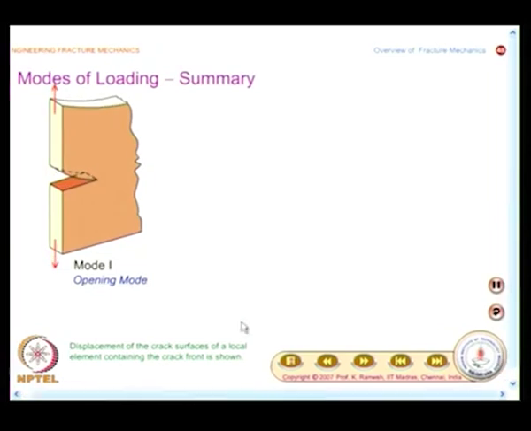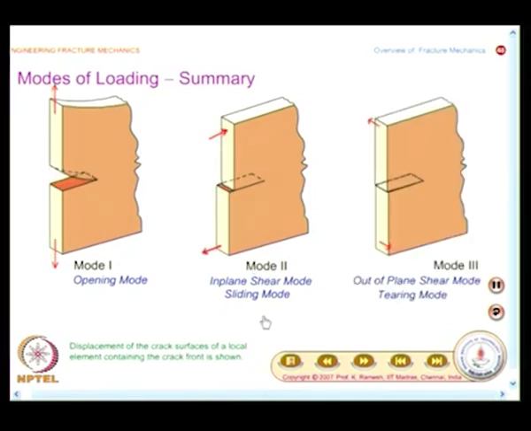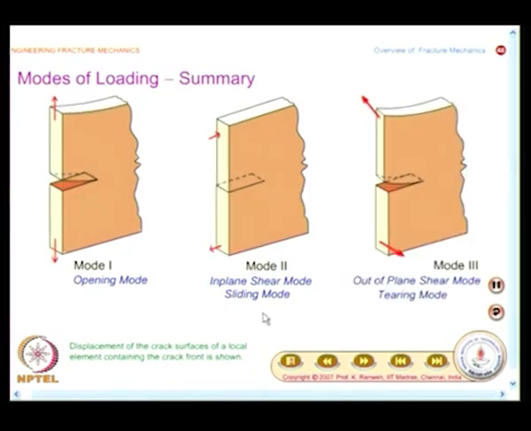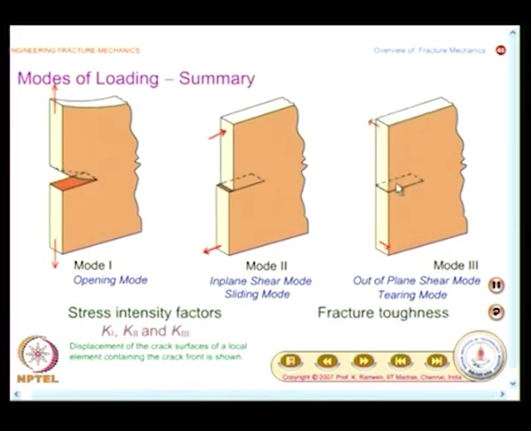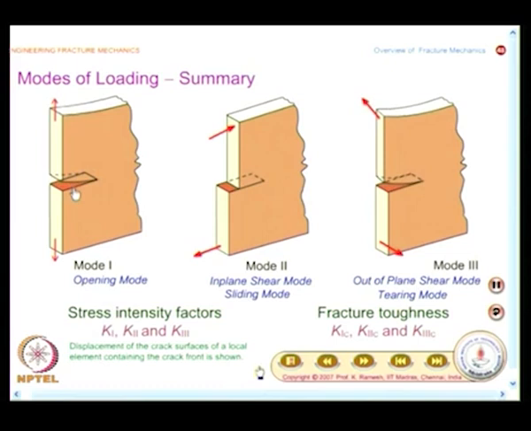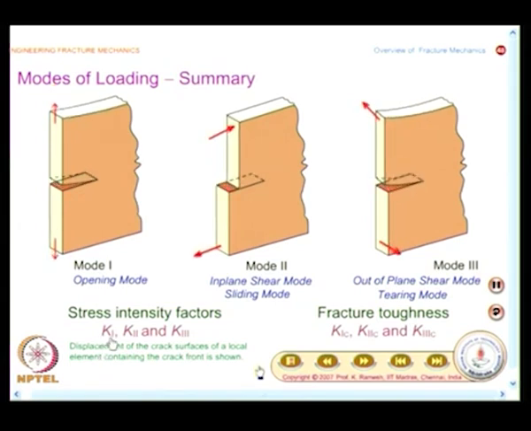And what is the summary? I said that you need to have what is known as a stress intensity factor, although we may not define it now, you will know what it is. For each of these modes, similar to the stress concentration factor, you could identify what is known as a stress intensity factor, which dictates the strength of the stress field in the near vicinity, and this is labeled as K1, do not read it as Ki.